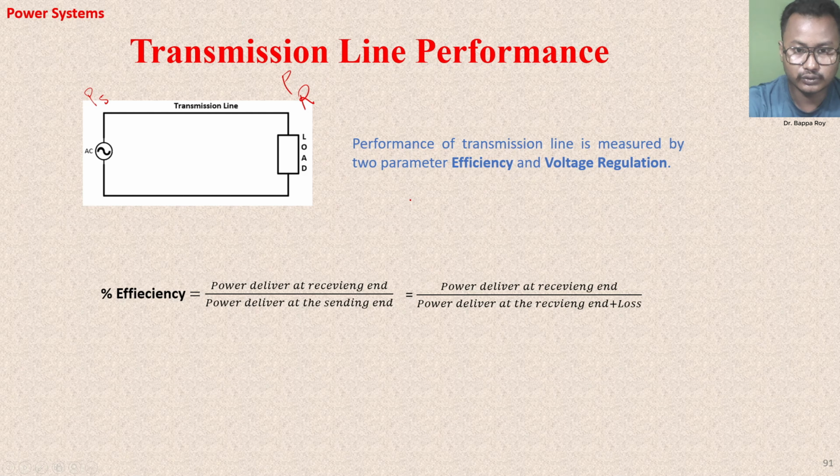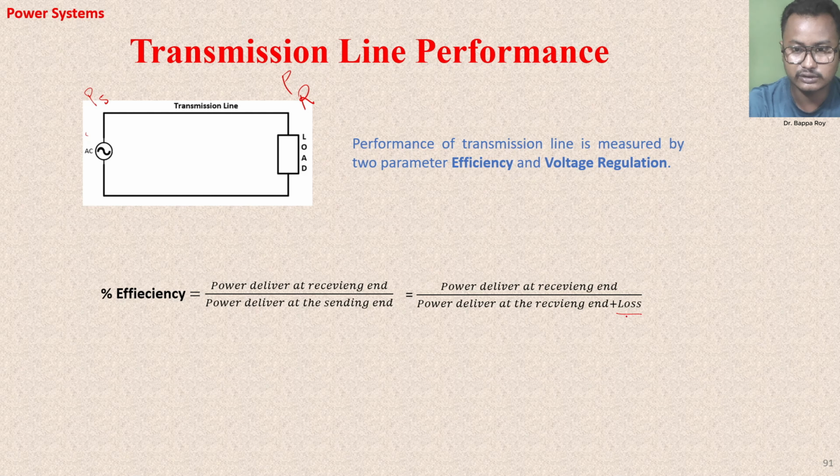This is equal to the power delivered at the receiving end by the power delivered at the receiving end plus loss. When we are transmitting power from this source to the load, there are some losses.